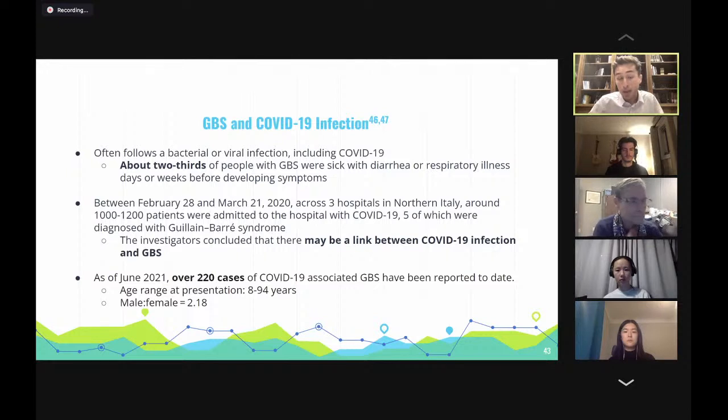The age range at presentation was 8 to 94 years old, so it's impacting people across a variety of age ranges. In terms of the male to female ratio, males were slightly more impacted by GBS compared to females. That might be an interesting area for further research.